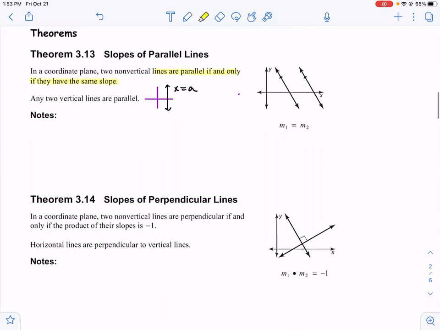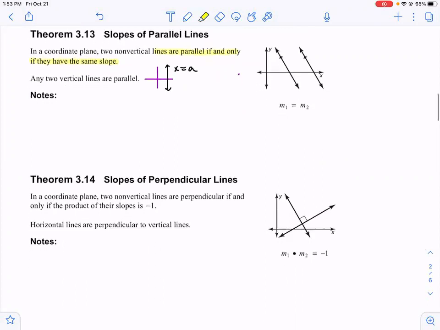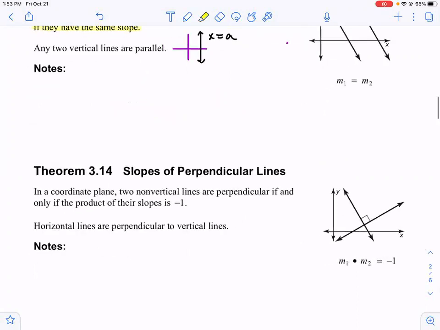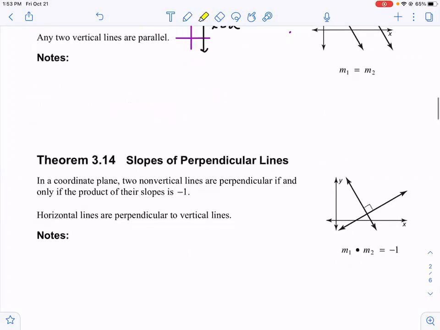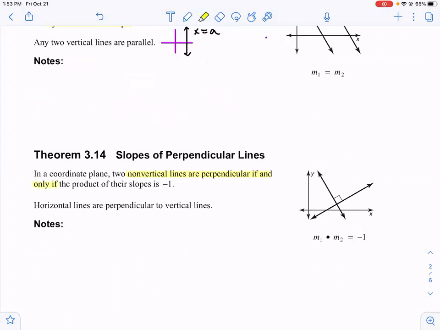Now, down here, I don't love this explanation. 2 non-vertical lines are perpendicular if and only if, we're going to change this to, slopes are opposite reciprocals.